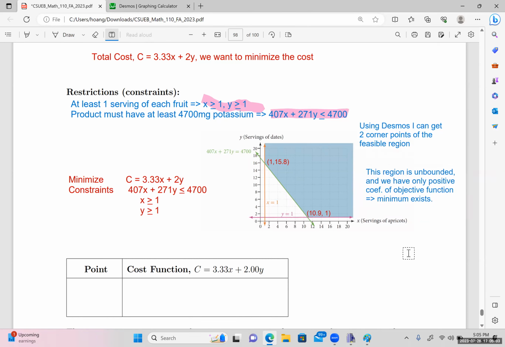Okay, so we did have 2 points. According to the decimals, we can put those 2 points into here because we want to know which one will give us the minimum of the cost. So just put those 2 points over here. Here are 2 points here, right?